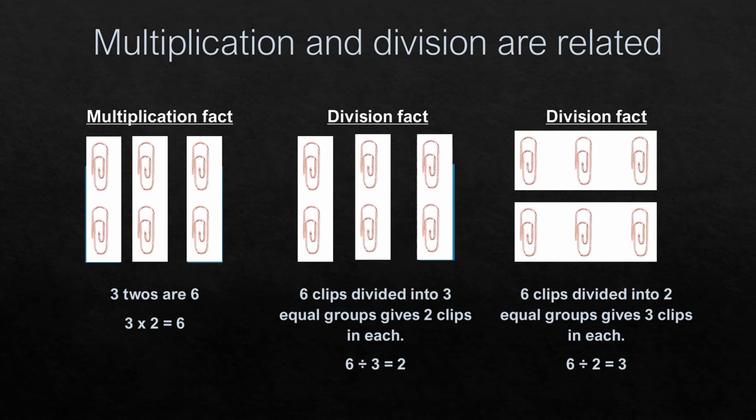Each group has 3 clips. 6 clips divided into 2 equal groups gives 3 clips in each. 6 divided by 2 is equal to 3. 2 threes are 6. So we use multiplication table to do division fact.